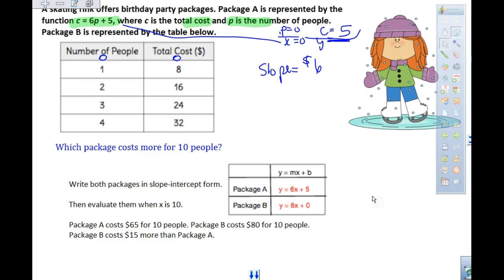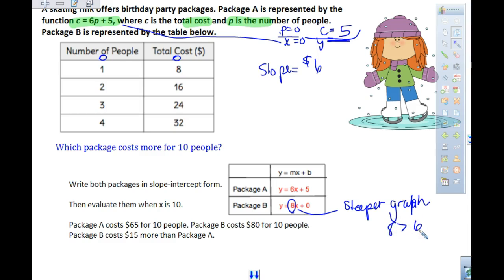Which one is going to be steeper if we're looking at those two graphs? Which one is steeper, A or B? B is steeper because 8 is bigger than 6. This would be a steeper graph, right? The reason is that 8 is larger than 6.